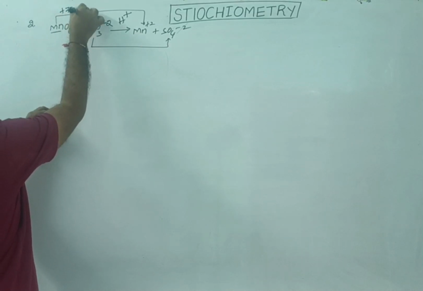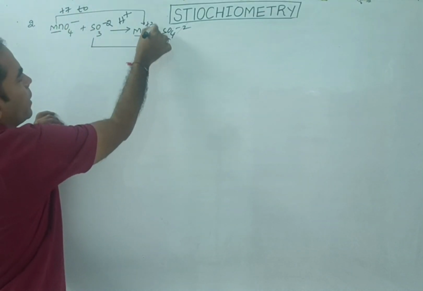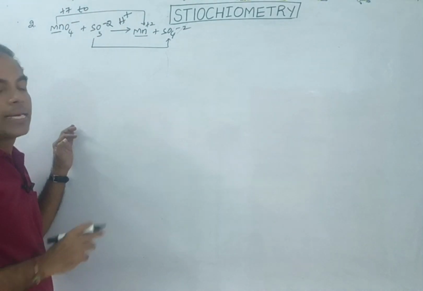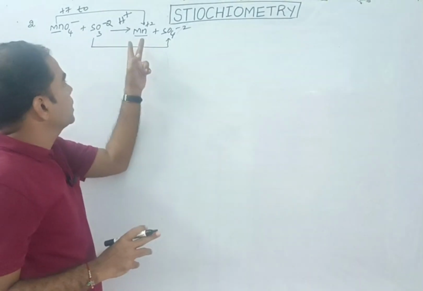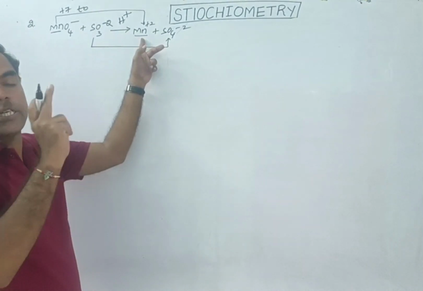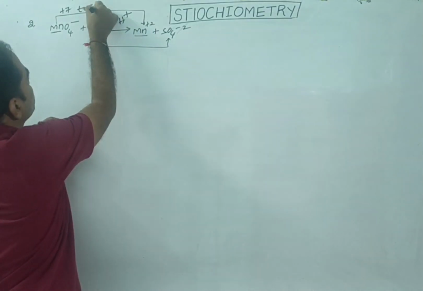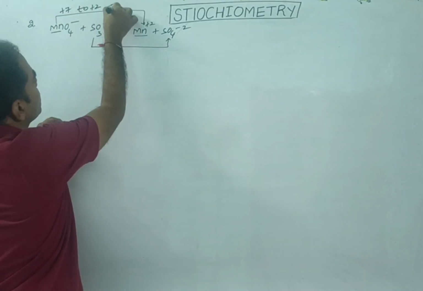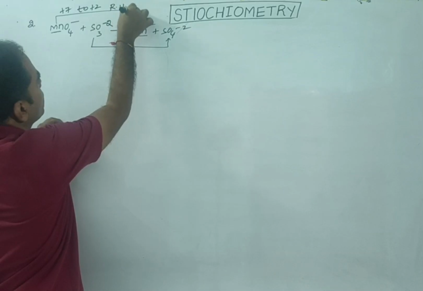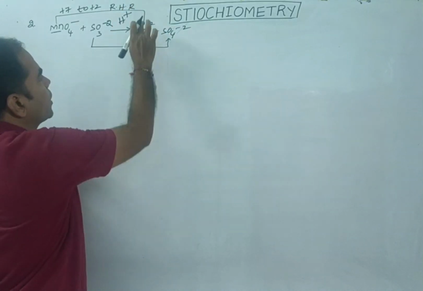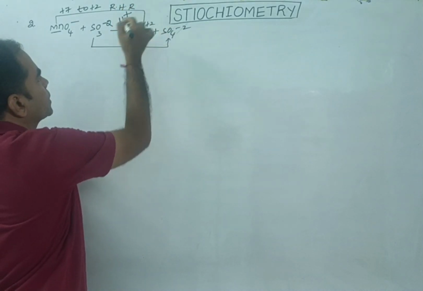Here the oxidation number of Mn plus 2: it is a charged species, and for a charged species the oxidation number is the charge present on it. So Mn oxidation number is plus 2. Plus 7 to plus 2 means a decrease in oxidation number. It is a reduction half reaction. Okay. Next.